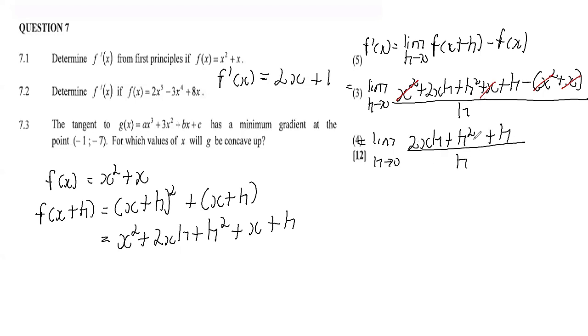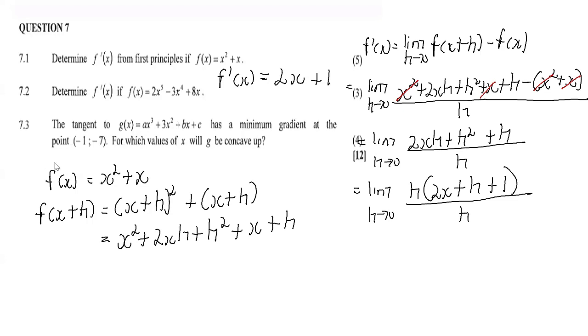Now looking at all these three terms, we can see that there's a common factor of h. At this point, you can already see the trend in all of these questions. Then factor out the h. This is 2x plus h. Then if we factor out h from here, we only have the coefficient, which is 1, and then over h.